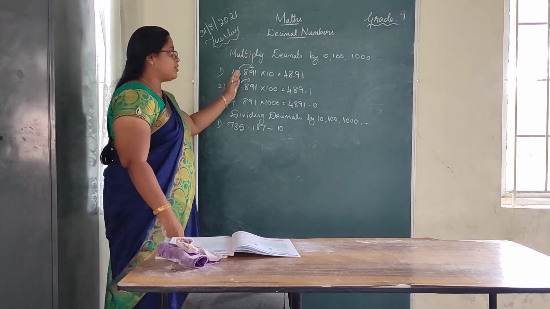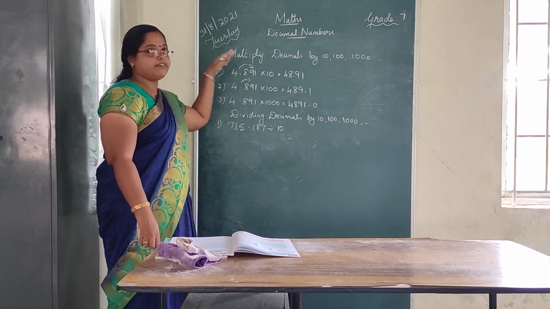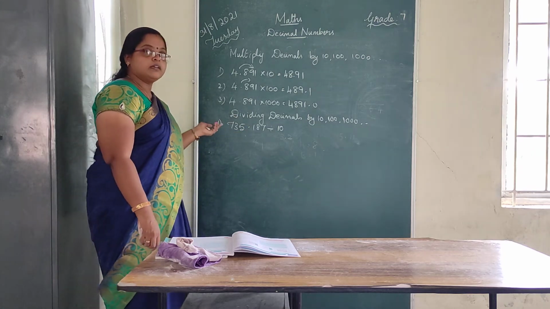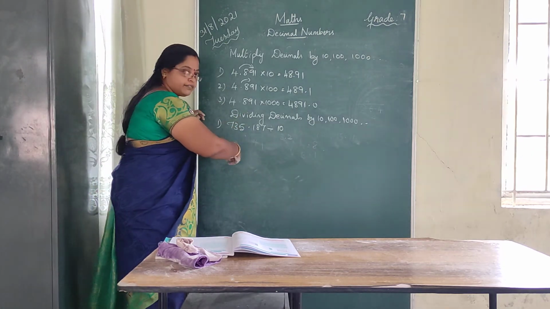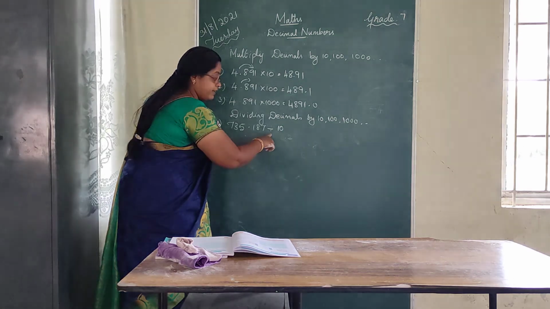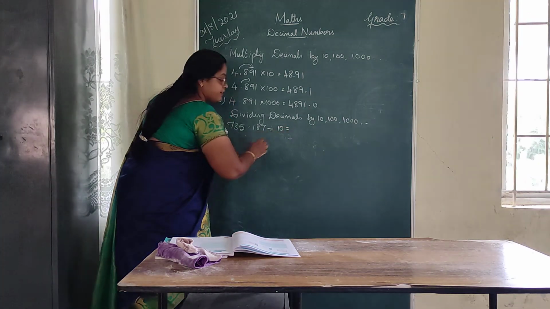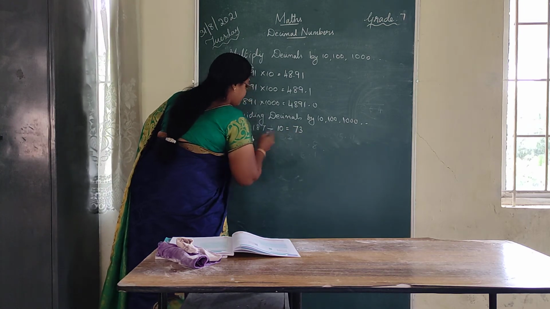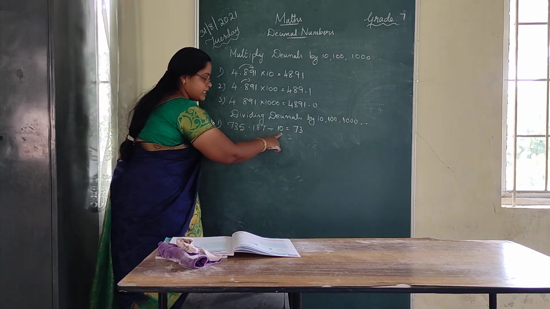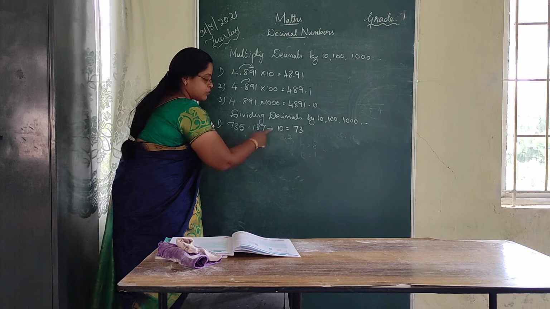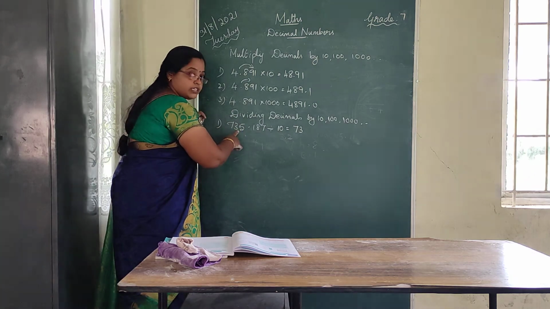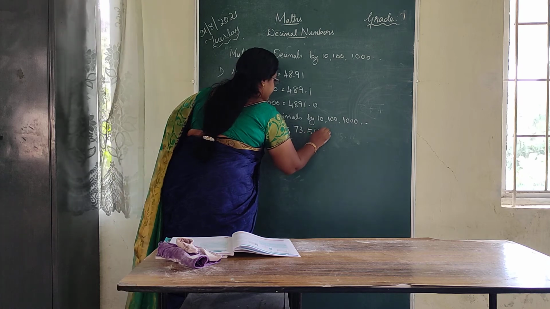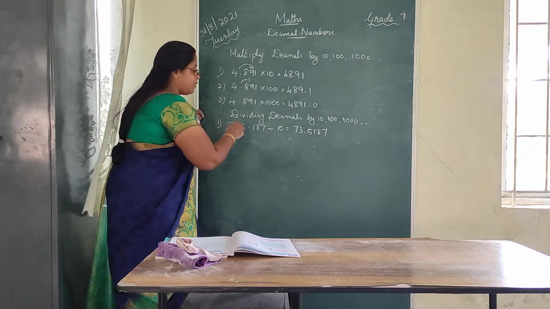Multiplication is a forward move, the decimal moves forward. So for division, the decimal should move backward. Dividing by 10, one digit 0, so the point should move one step back. So 73.5187.